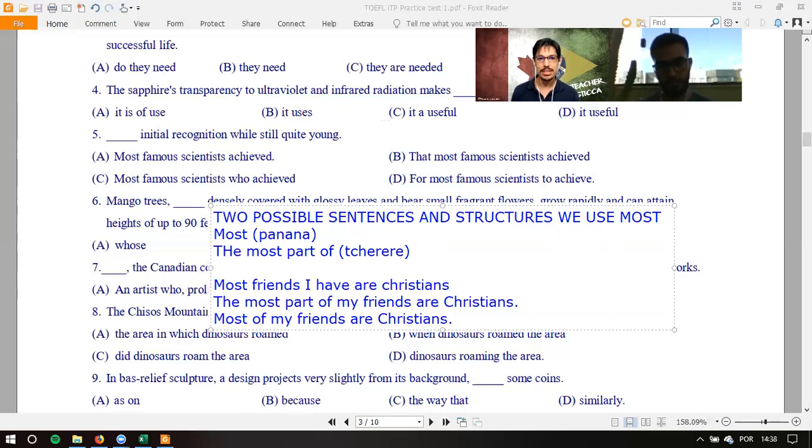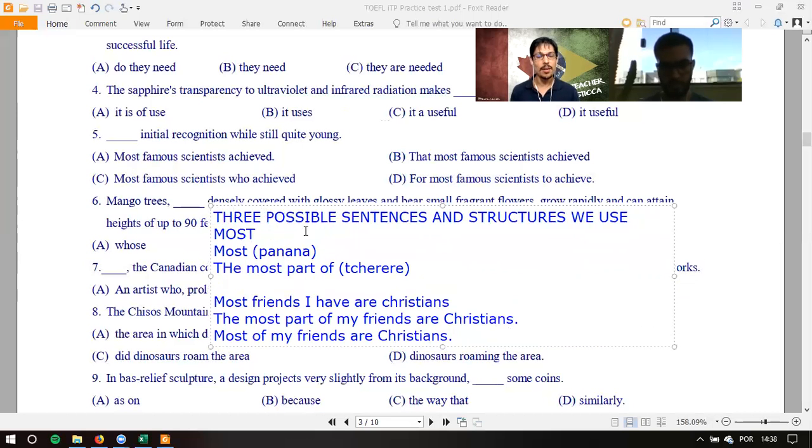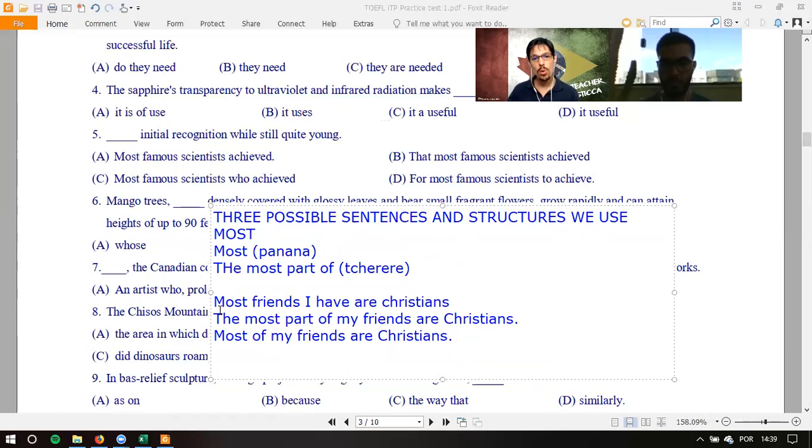You see that the sentence changes a little bit. These are the structures we can use. Sometimes they mix these three structures in TOEFL ITP.